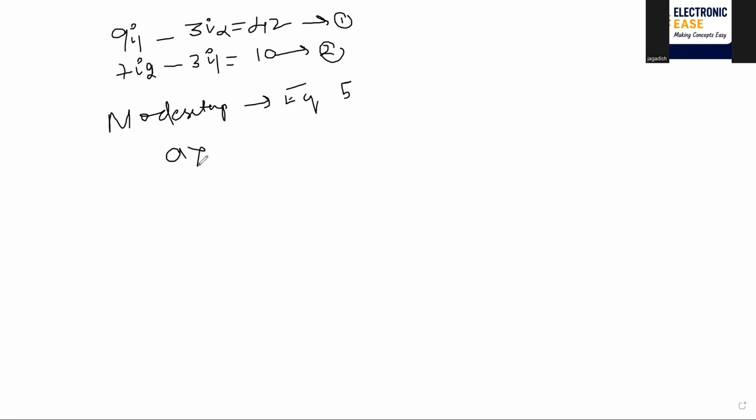Enter the values with the signs: 9, minus 3, 42. Then enter minus 3, 7, and 10. What do you get? I1 is 6 and I2 is 4. Very good.